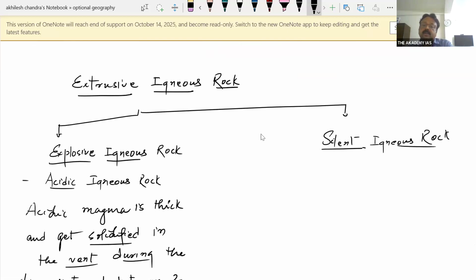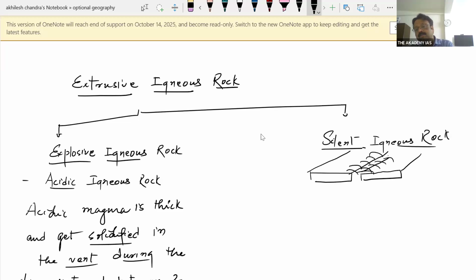While the silent eruptions, the silent igneous rocks, actually come from fissures. So there is a fissure eruption, and here it gets solidified.